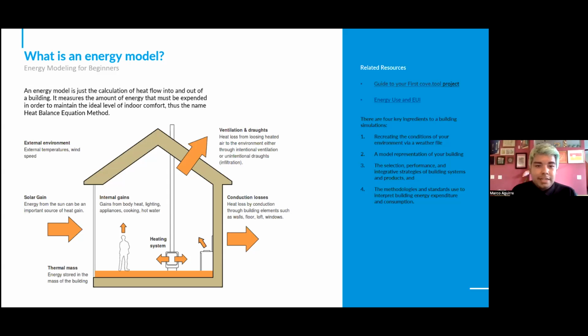In the winter months, you need heating. And then hot water, all of these different things in order to maintain ideal comfort based on your outdoor conditions. That's basically what an energy simulation is doing, trying to figure out, based on the standards according to your energy code and other assumptions that we need to make, how much energy we need in order to operate your space over a typical year.